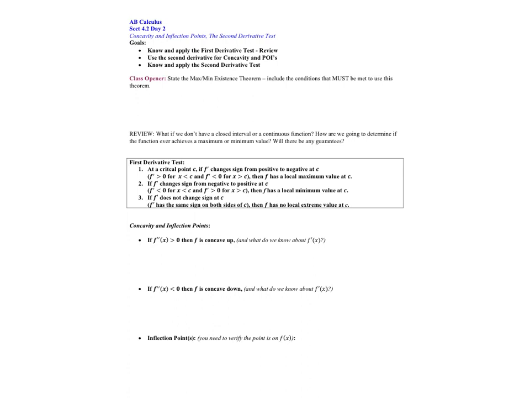So the Max Min Existence Theorem says that if a function f of x is continuous, there's our first requirement, on a closed interval from a to b, there's our second requirement, then f of x will attain a maximum and minimum value.